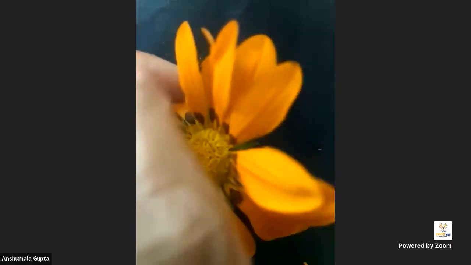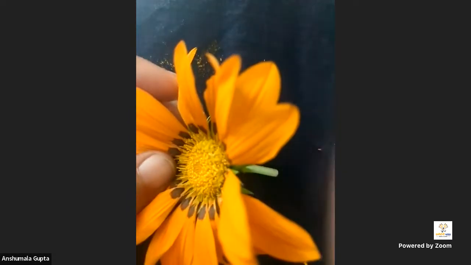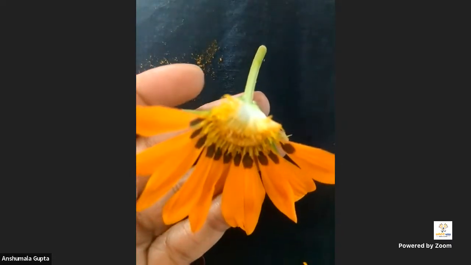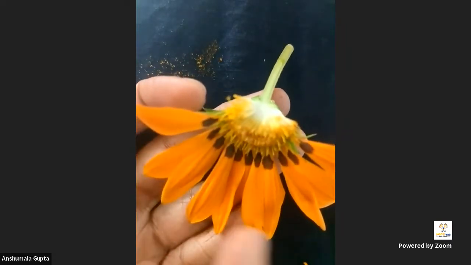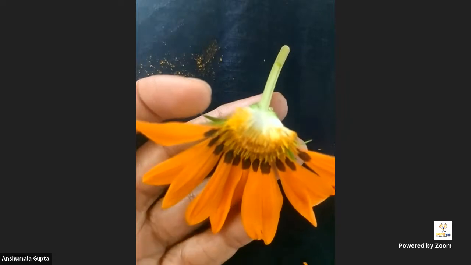And then of course, in the center we'll have disc florets and outside ray florets. And if I break it open, you can see the layout. Disc florets all in the center and ray florets surrounding it, right?